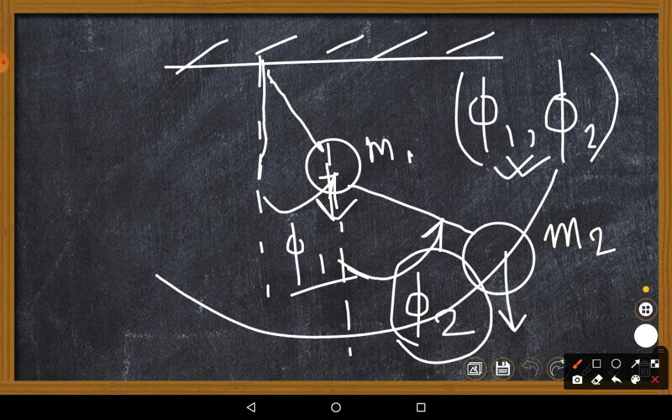If you fix phi 2, even this m1 can still oscillate, which means phi 1 and phi 2 are independent. There will still be some oscillatory motion of m1 even if phi 2 is fixed, and vice versa, which means these qualify the first step towards generalization.